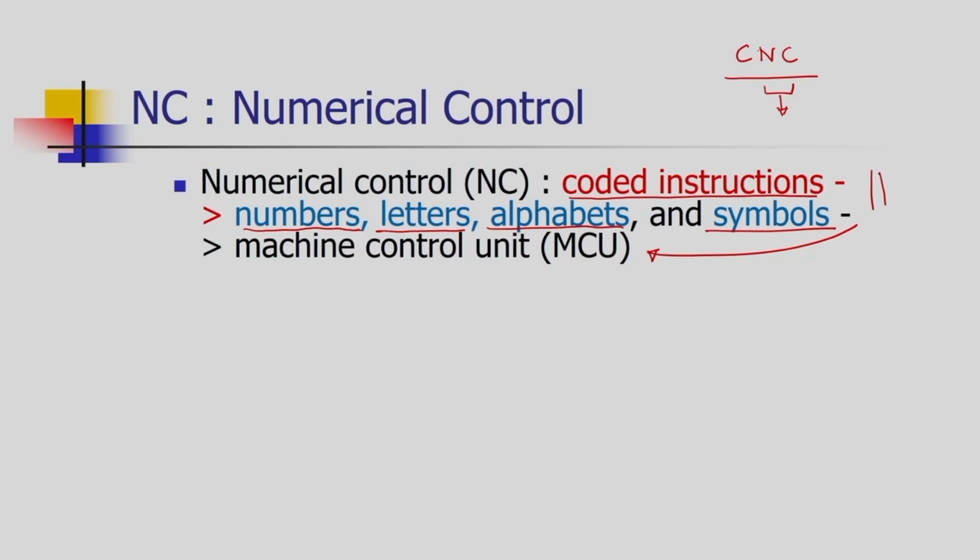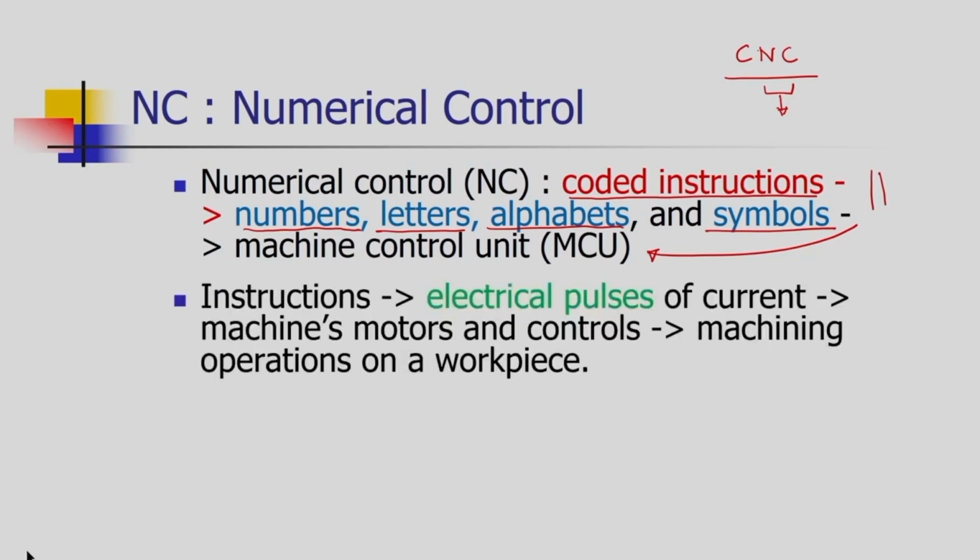Machine control unit is a part of CNC machine tool. Machine control unit reads these instructions and follows them, and by following these instructions it generates electrical pulses. That electrical pulses are running the motors of the CNC machine tool. So motors are the basic drives of the CNC machine tool. The accurate passage of electrical pulses will be done by the machine control unit.